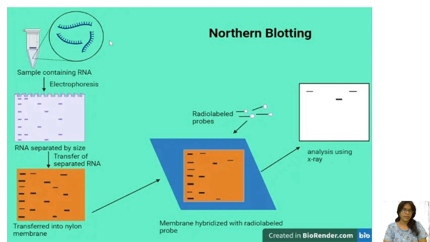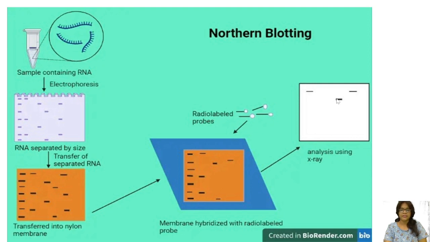So I told you RNA has to be separated by running it on agarose gel electrophoresis. Once you get the gel, you have to place it on the nitrocellulose membrane, and again it is a capillary mode of action like Southern blotting. Okay, so after that you will get concentrated DNA, RNA bands here, and you will radiolabel them with a suitable probe, and finally you get a band with the target of interest where the concentration is higher.